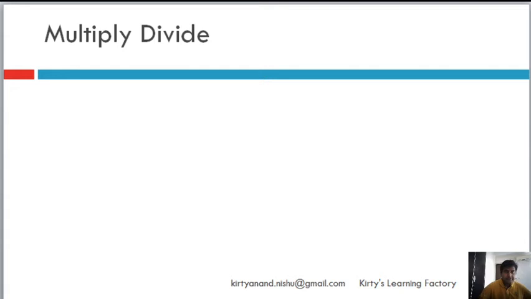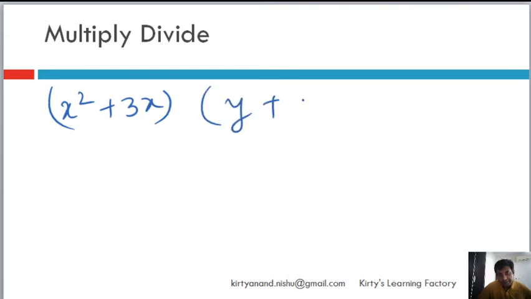Multiplication and division. Let's pick up x square plus 3x as one expression, and y plus 2x as a second expression, and I have to multiply. Now see, the way algebra multiplication works is that you have to multiply it like the distributive property.